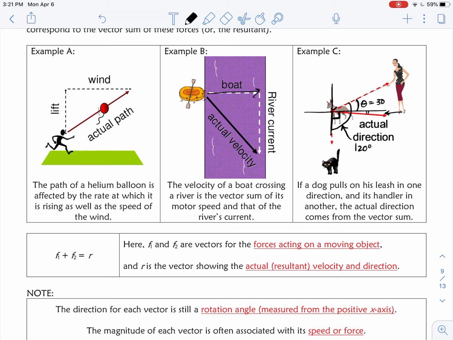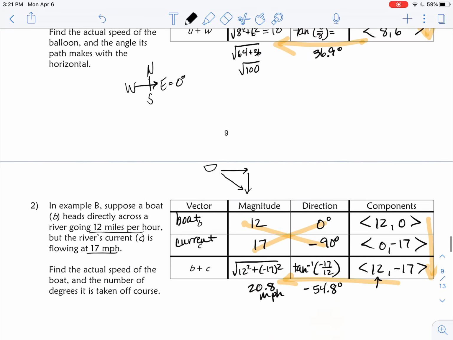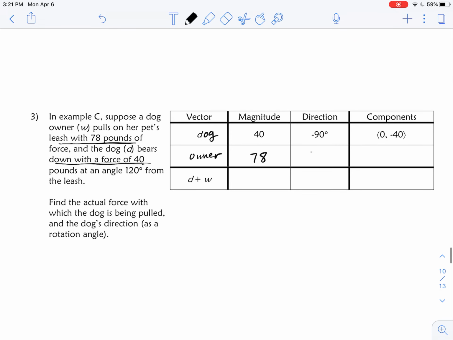And then what we're going to see is the angle of the resultant vector is going to be this little guy right here. And so we're going to expect that the rotation angle of the resultant vector is going to be a very small number. Okay? So the rotation angle that the owner is pulling is 30 degrees.